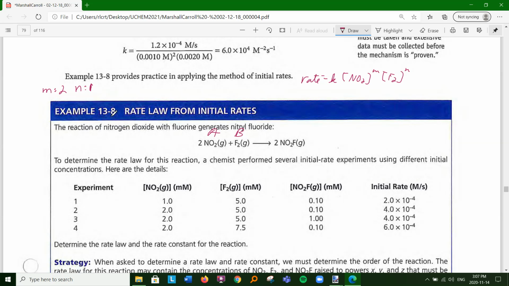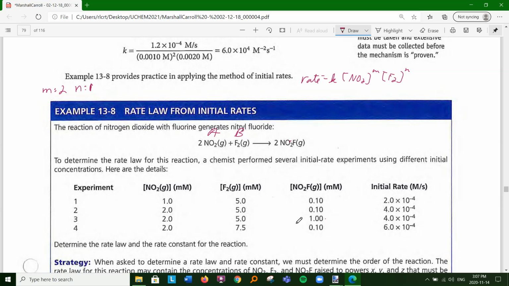You do see a product here, so again, this is odd to see, but let's see. From 2 to 3, these two reactants stay the same. NO2F goes up 10 times, but the rate doesn't change. On a test, you would never see the product side with things changing around.